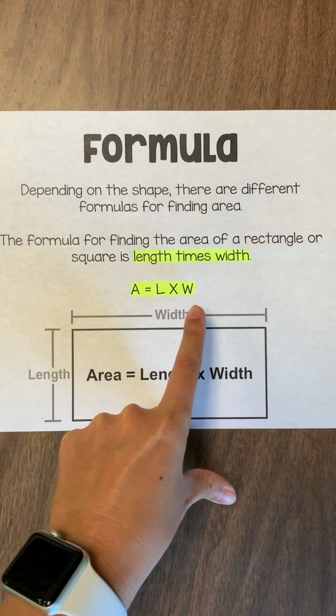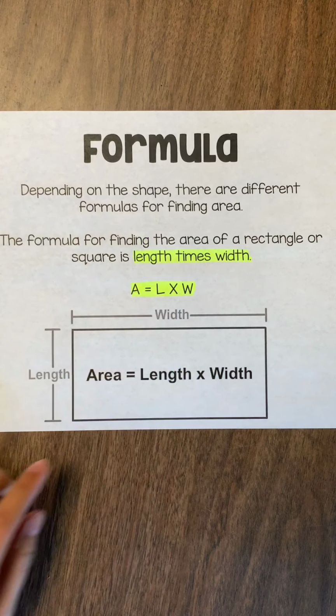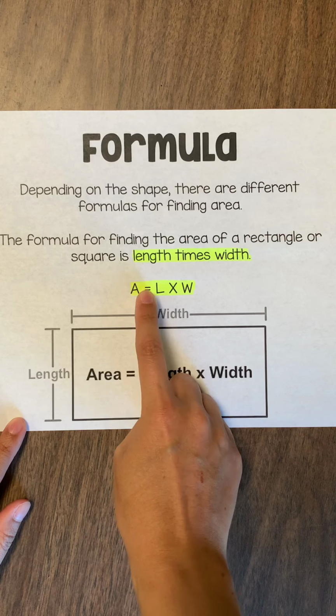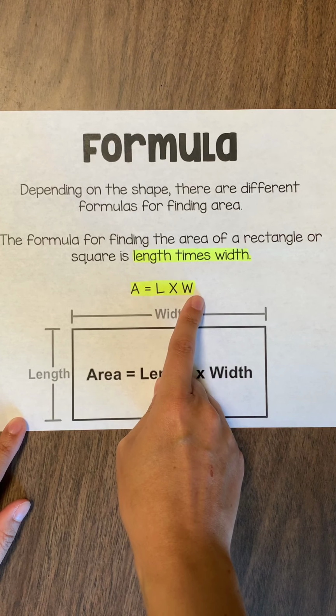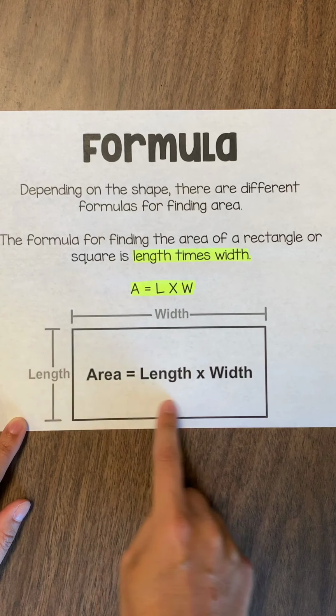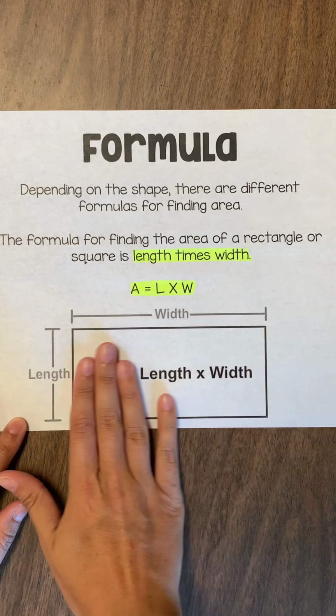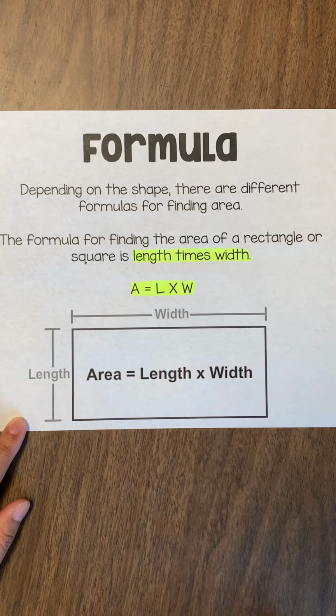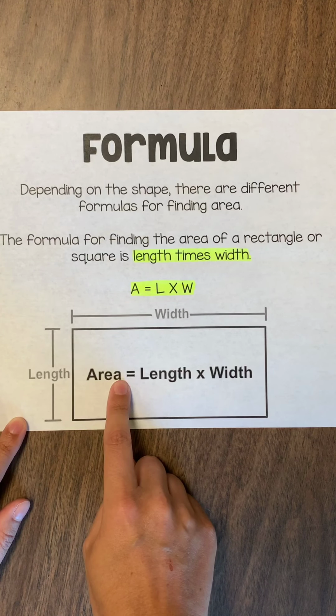Oftentimes you'll see it written this way. This is just the abbreviation to show that whenever you want to find the area of a square or rectangle, you do length times width. So if we have our rectangle, we know that area is inside, so you would always just take the length and the width, and multiply the two together to end up with the area.